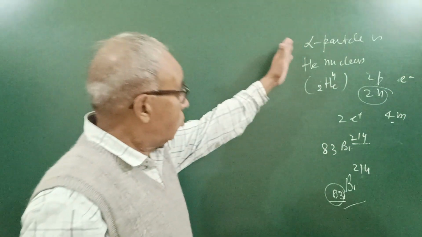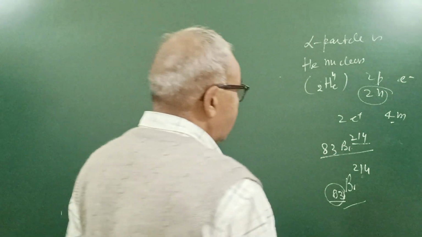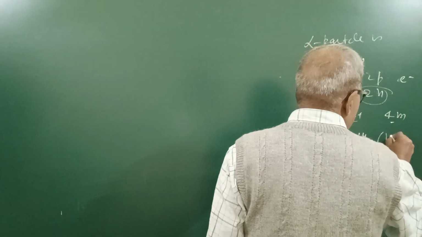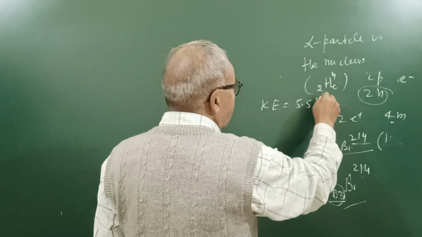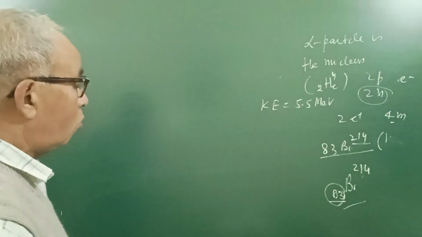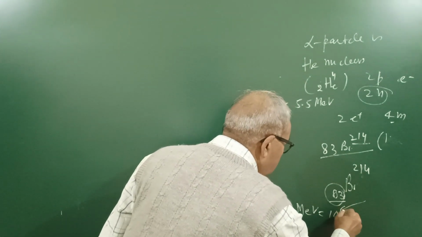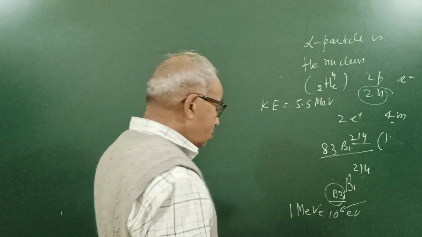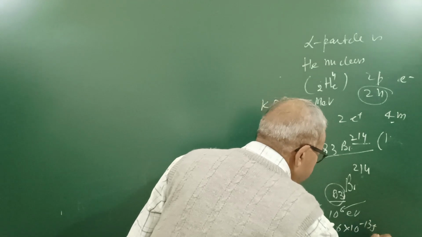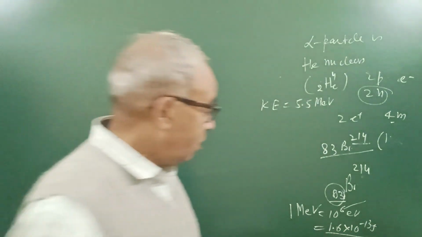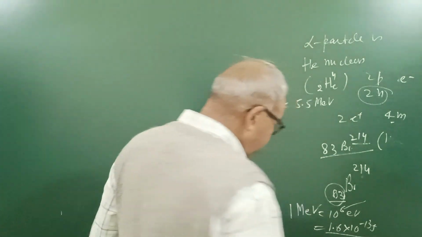These were obtained from this bismuth, the radioactive element 83Bi, and their kinetic energy was 5.5 MeV. MeV means million electron volt. I have told many times, 1 million electron volt means 10 to the power 6 electron volt, equal to 1.6 times 10 to the power minus 13 joule. Though this is a very small unit, for a particle like a proton this is a large value of energy.